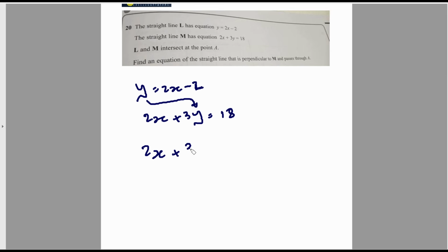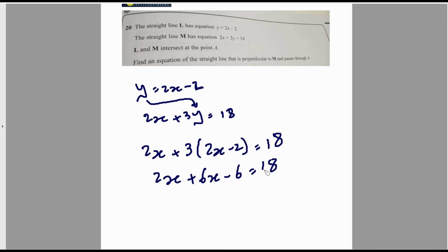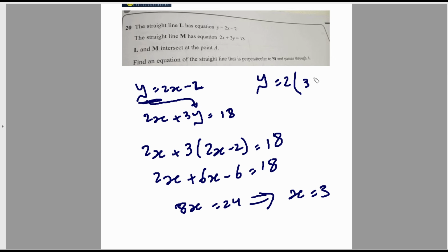So 2x add 3 bracket 2x minus 2 equals 18. Expand, so 2x add 6x minus 6 equals 18. If you collect like terms, 8x equals 24, so x is 3. Substitute x here to find y, so y equals 2 bracket 3 minus 2, which gives me 4. So now the intersection point is 3, 4, the coordinates of it.